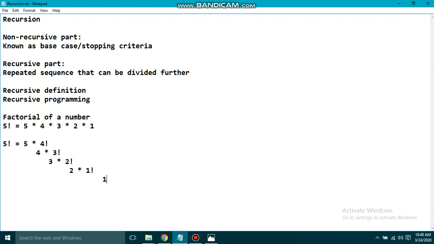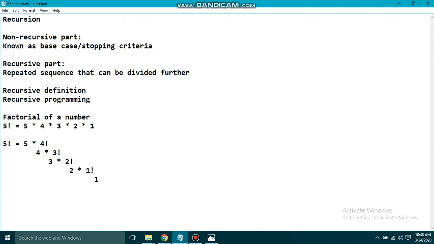In this case, the base case is 1, right? Do you see which parts of the problem are recursive and which are not? So this one is my non-recursive part. This 1 factorial, 2 factorial, 3 factorial, 4 factorial are the recursive part of the problem.